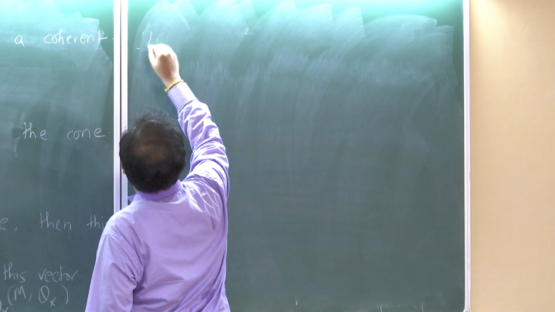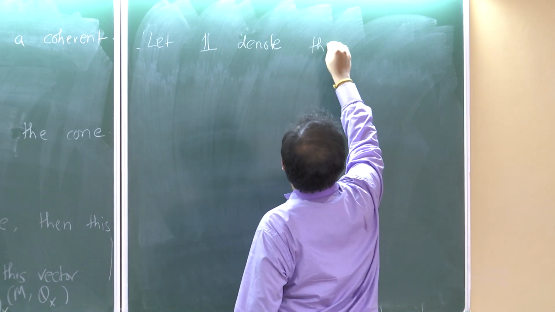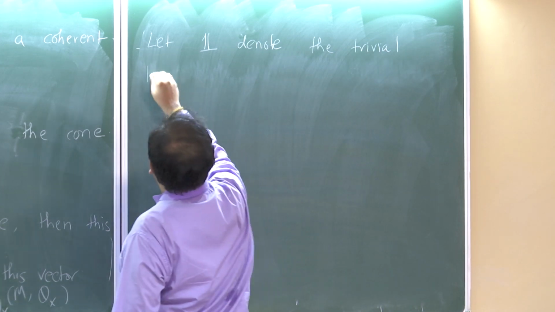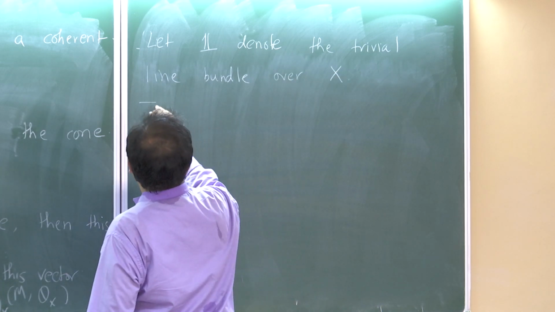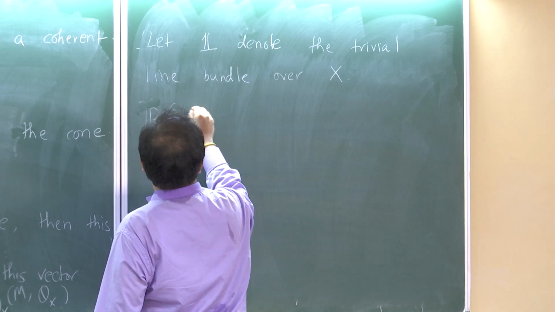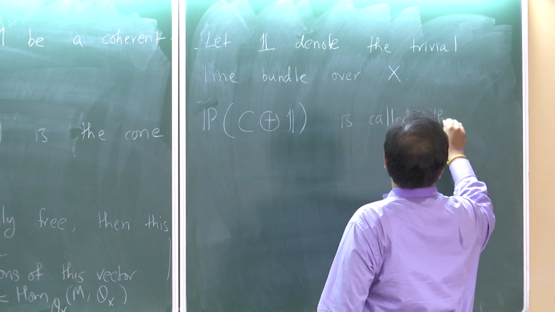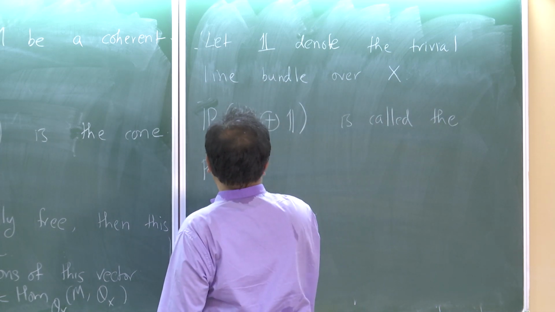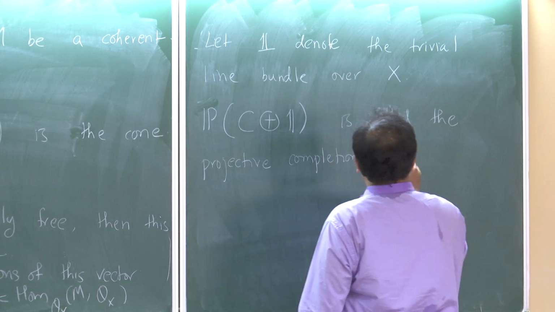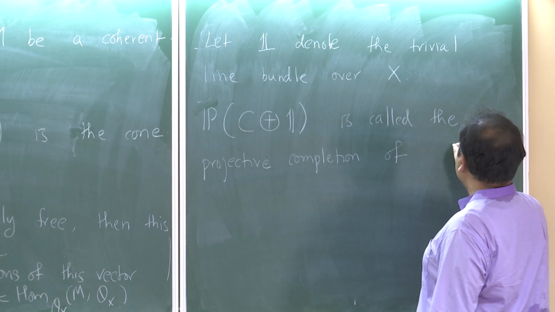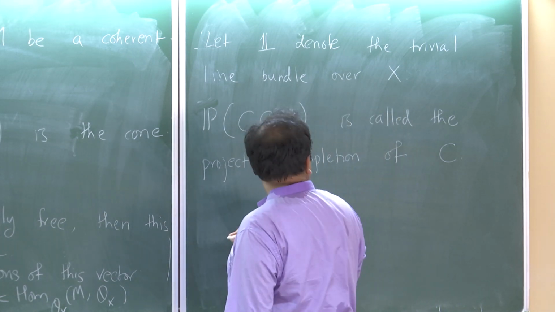So let 1 denote the trivial line bundle over X. If you look at P of C plus 1, this is called the projective completion of C. It will actually contain C as an open subscheme.